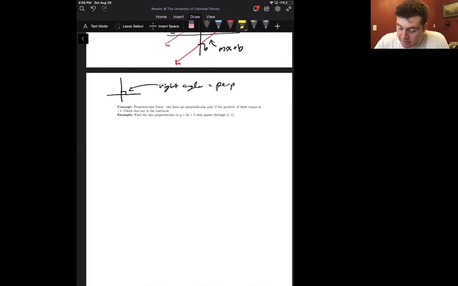But it turns out that if the product of two line slopes is -1, then those lines have to be perpendicular. The reason why isn't hard. It just takes a fair amount of geometry that we don't want to do.